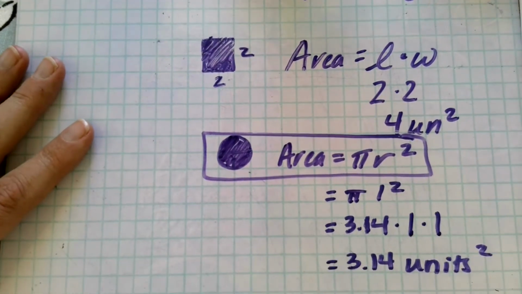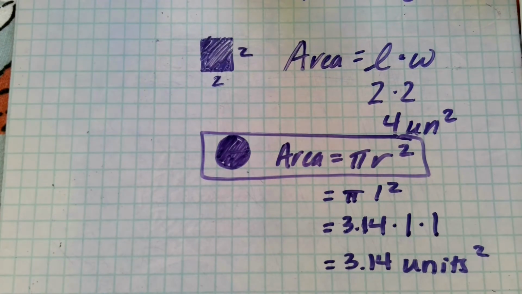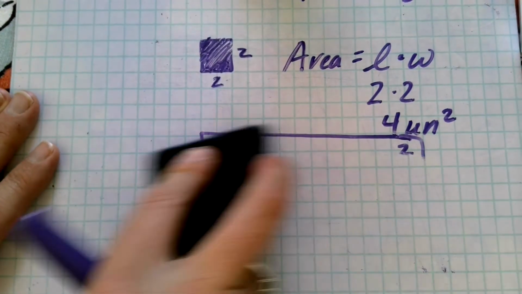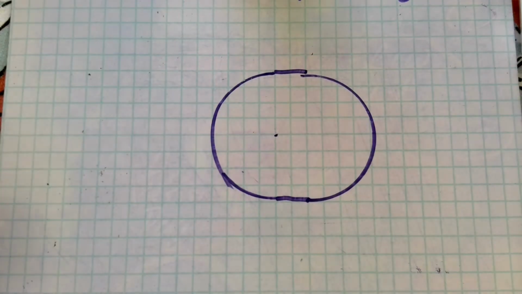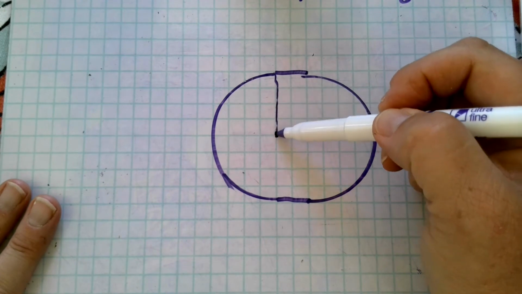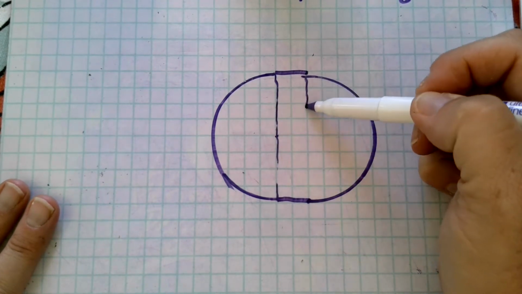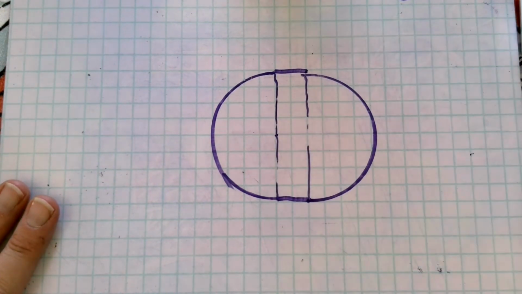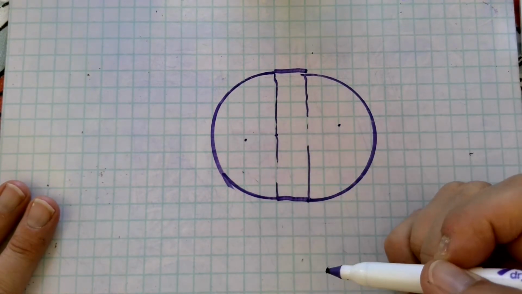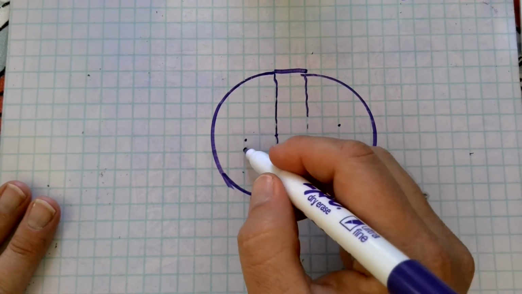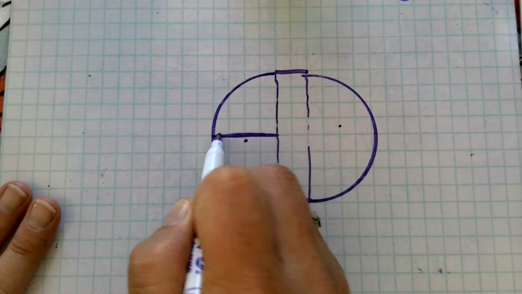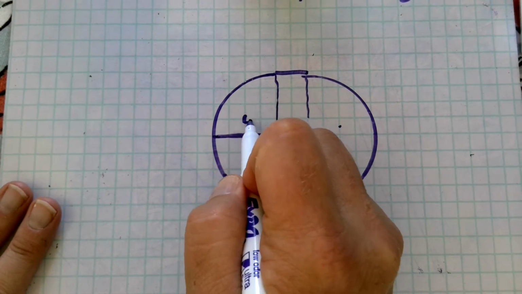Okay, there we go. So when we're talking about composite figures, we are actually going to combine these types of figures. If you look at this one, I want you to see that really what we have is two semicircles and a rectangle in between. So if we were to put these two together, we would have a complete circle. So we could find the area of that part by figuring out the radius, which right here is going to be 4, right?